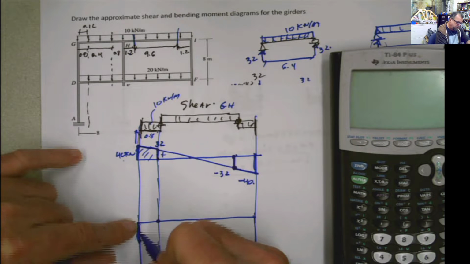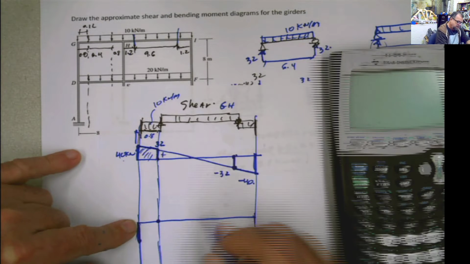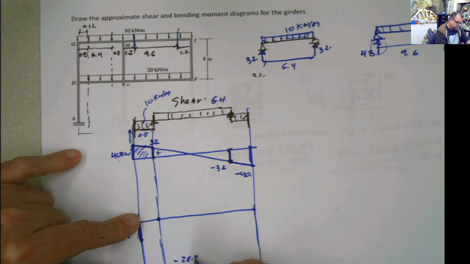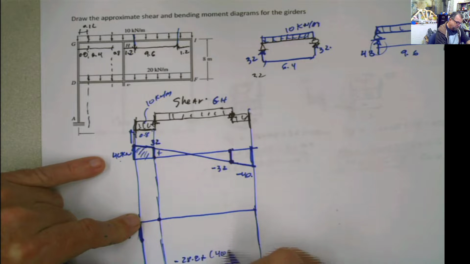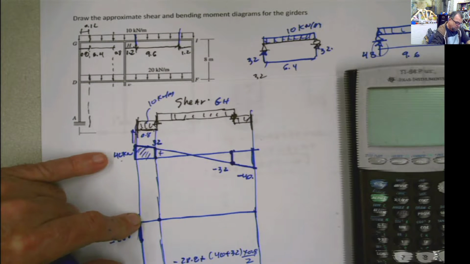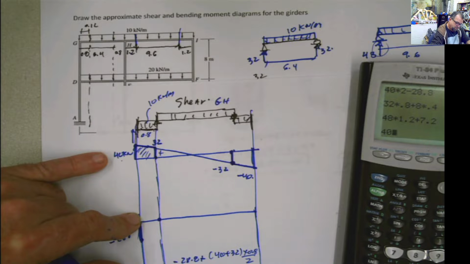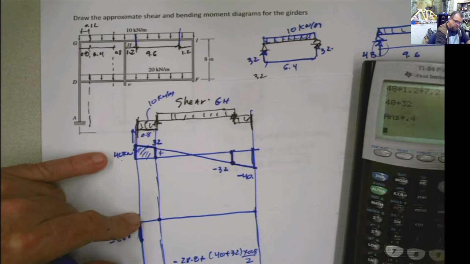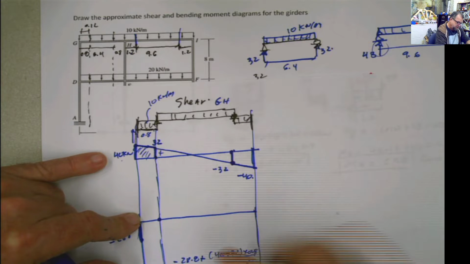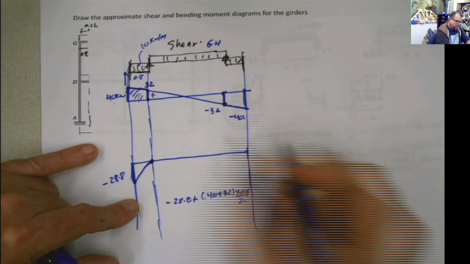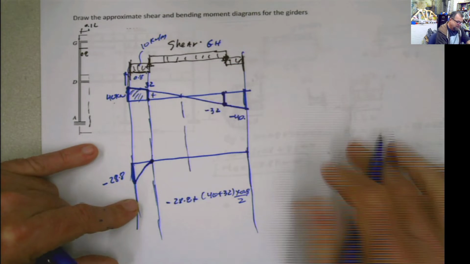So I have negative 28.8 plus the area of this shape, which is 40 plus 32 times 0.8 divided by 2, because it's a trapezoid. So 40 plus 32, times 0.4, that's positive 28.8, plus this is 0, so it's going to cut to 0 right there.